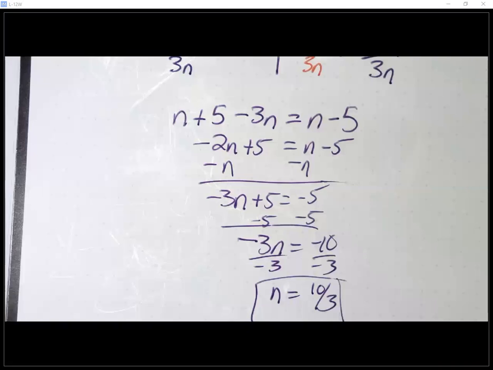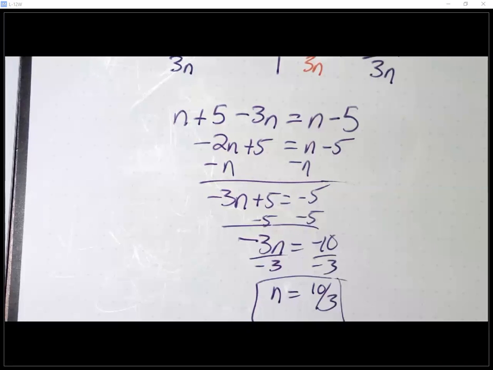If my answer came out as 1, that's pretty easy to check. But with 10/3, it would take me longer to check it than to just do the problem. But that is always an option. If you have an equation, you can make sure your answer is correct by plugging it back in.